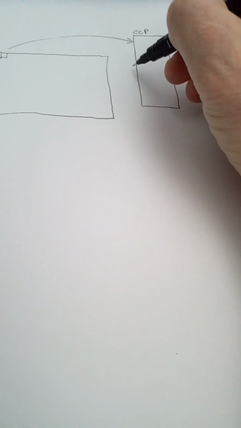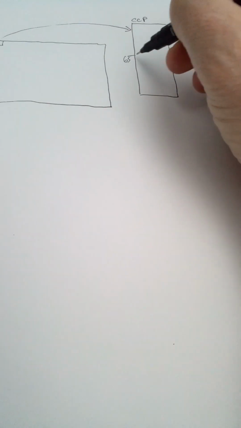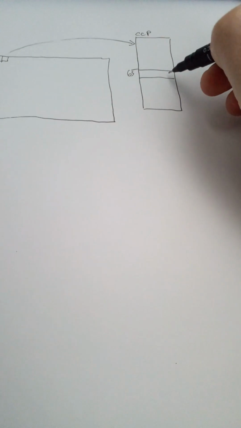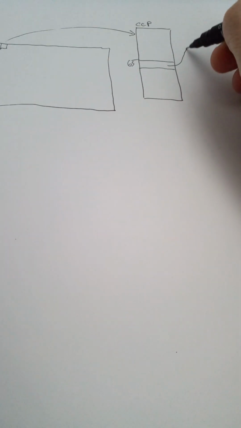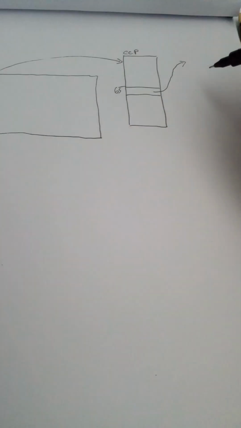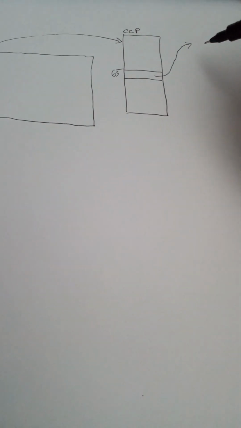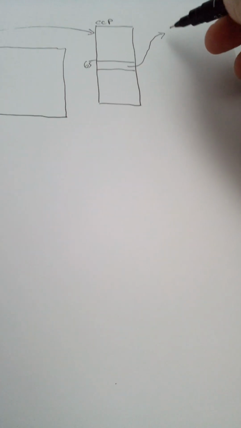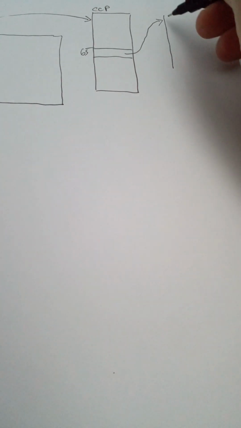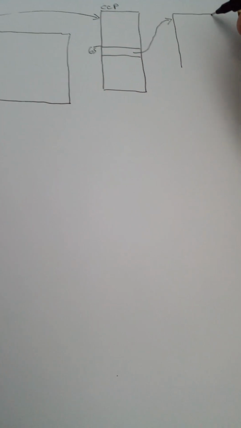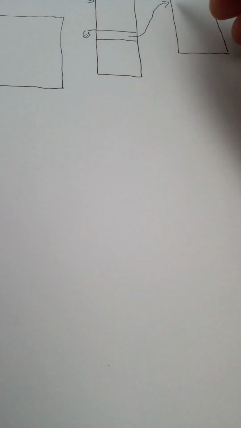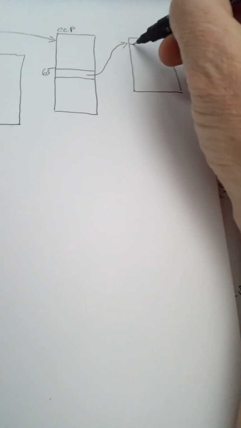So this 65th entry in this would be a pointer into a font, which is the character generator. And the font would be 16 bytes, each of which is 8 bits.